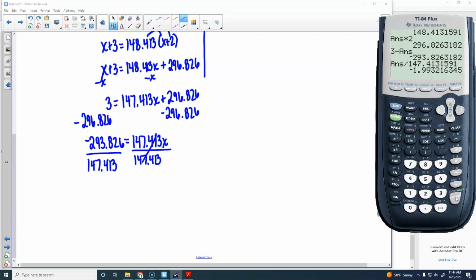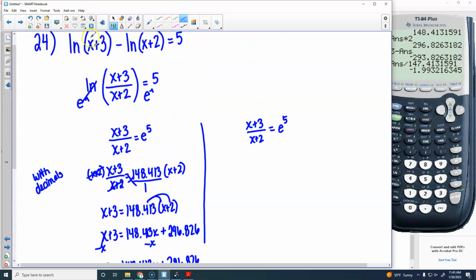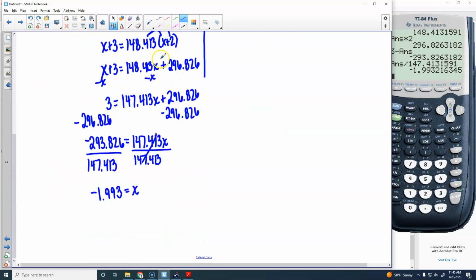And we get negative 1.993 is our x. Which is a negative number, but if I plug it back in, does it give me negative numbers up here? It does not, because it is smaller than the 3 and the 2 that is added to it.